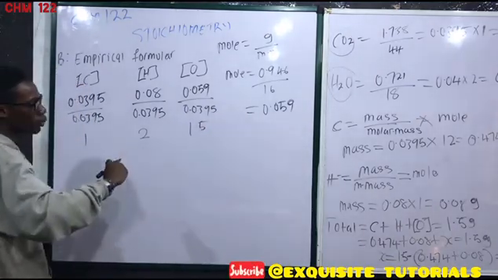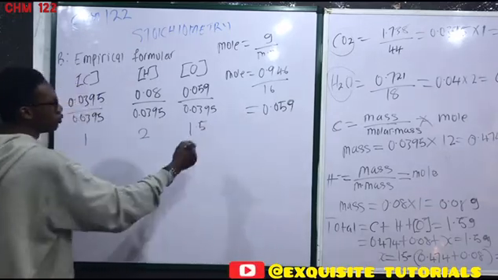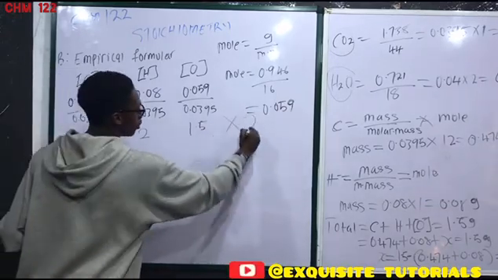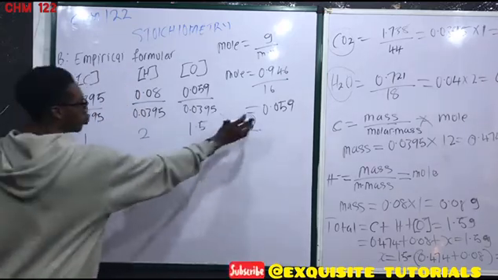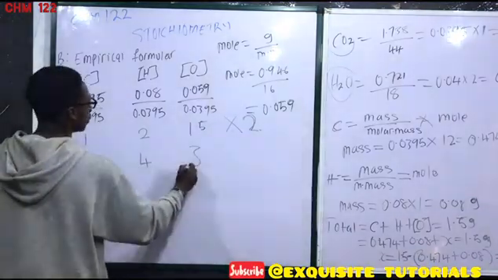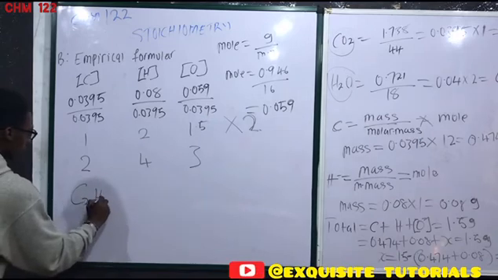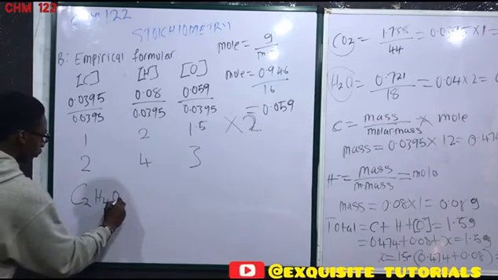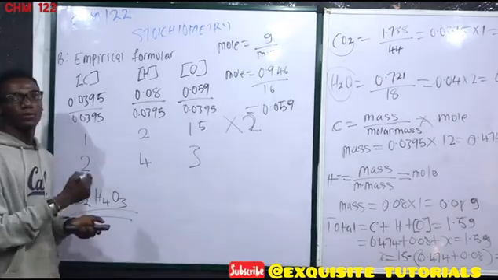The least value that will multiply everything here and make this decimal go away should be 2. So 2 times 1 will give you 2. 2 times 2 here will give you 4. 2 times 1.5 will give you 3. So we're having the compound as C2H4O3. Now this is the empirical formula for this compound.